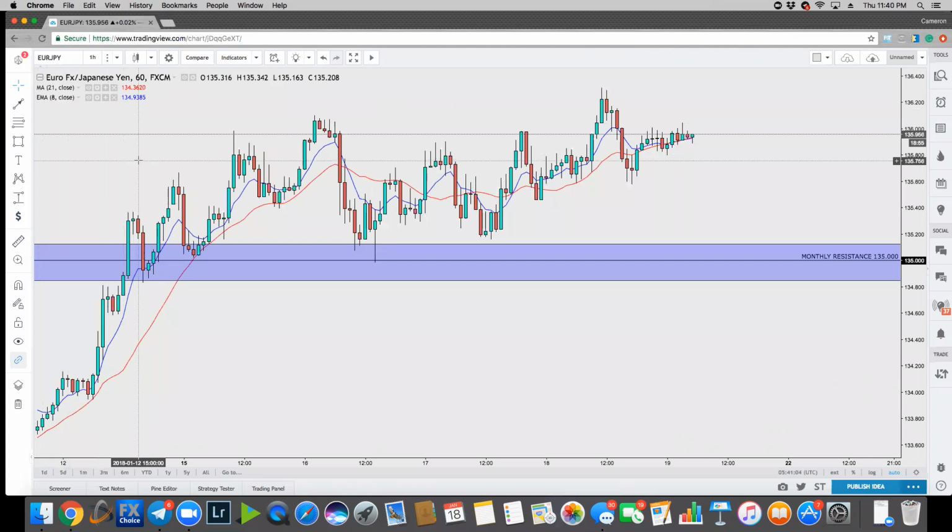Right there. There you go. So it's a regular moving average, and it's a 21 period, and it's red. The exponential moving average is an 8 period, and it's blue. All right. So I'm going to leave that there. You guys can take note on it. Okay.